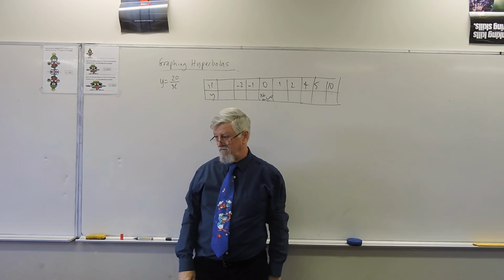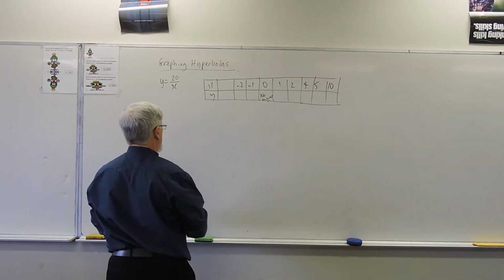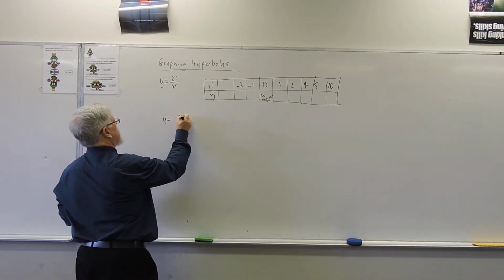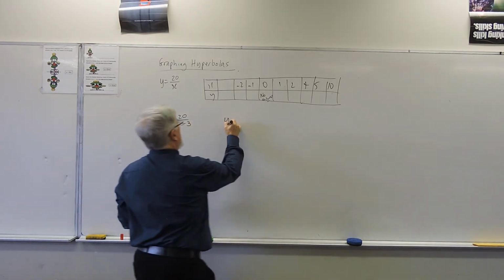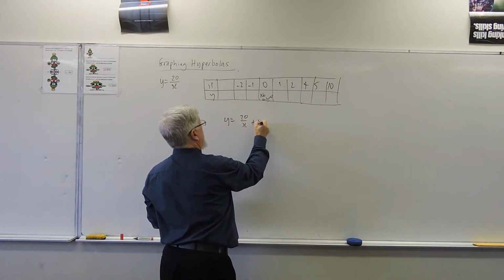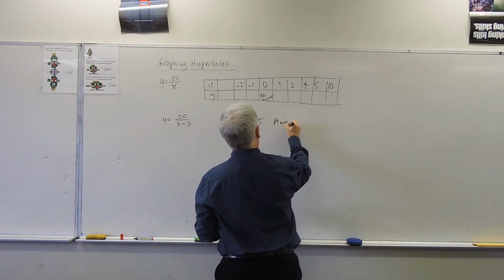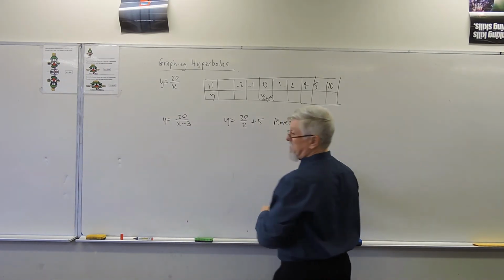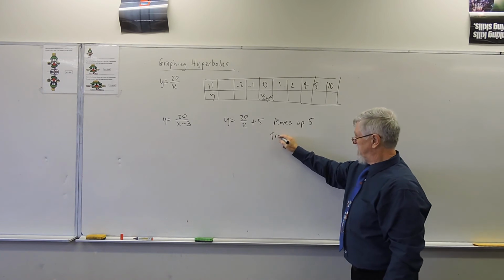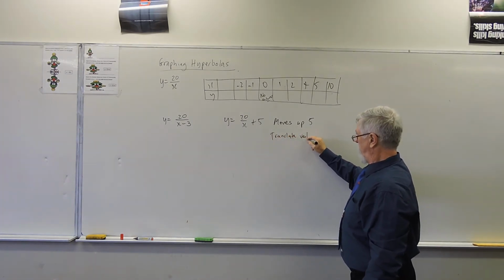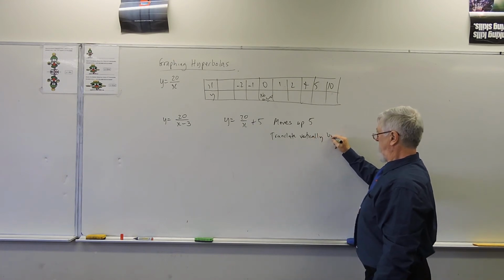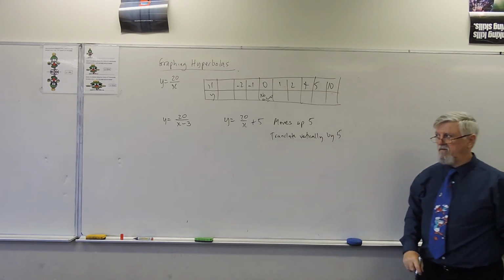So, you right? What happens to the graph though if I do this to you? What if I go 20 on x minus 3? So 20 on x plus 5 moves what? Up 5. Let's write the proper words. Translates vertically by 5.